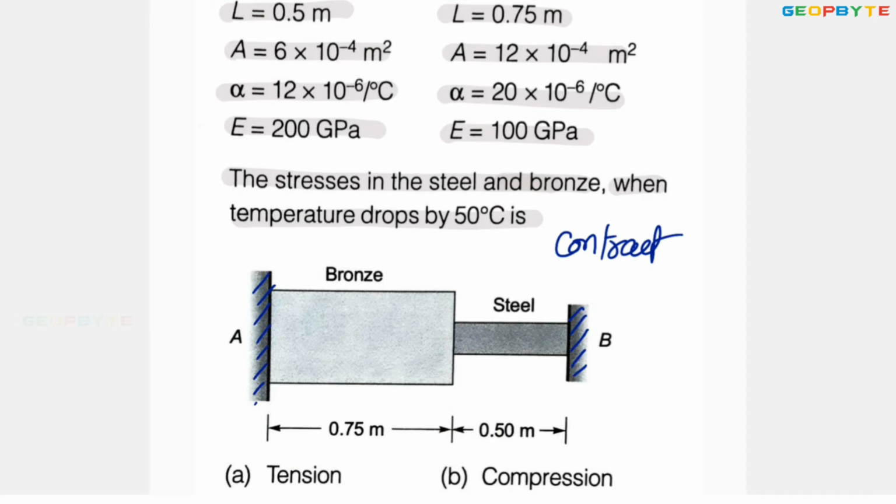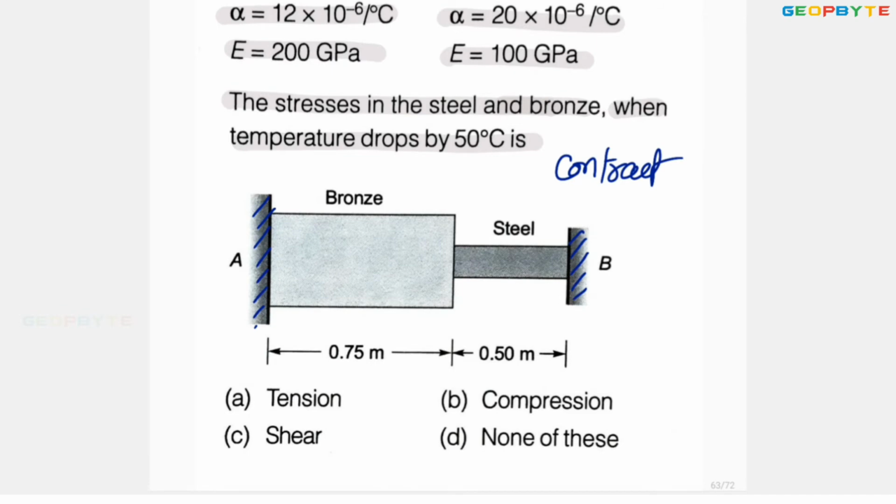Indirectly, the rigid supports are pulling the bars. Because of that pulling force, as the bars contract by the drop of temperature, tensile force is developed. Because of the tensile force, tensile stresses are developed. Therefore, option A is correct.